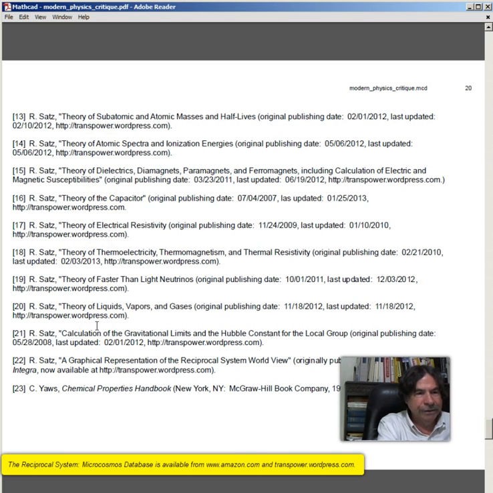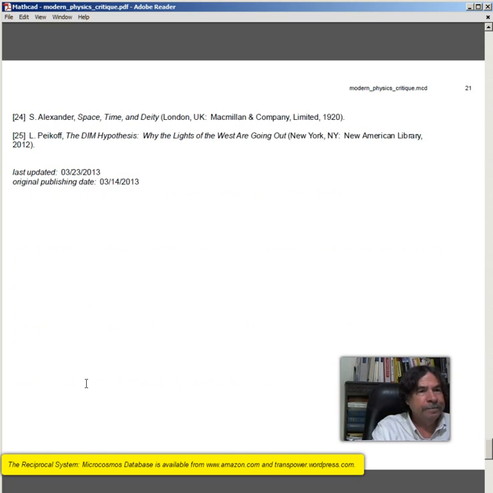Free PDFs. Reference 23 is the Chemical Properties Handbook by Professor Gillis. It's helpful having that for the empirical regression equations to compare with the theoretical calculations of the reciprocal system. Quantum mechanics is totally useless. And of course, reference 24 is Samuel Alexander's masterpiece Space-Time Deity, and 25 is Dr. Paykoff's work.